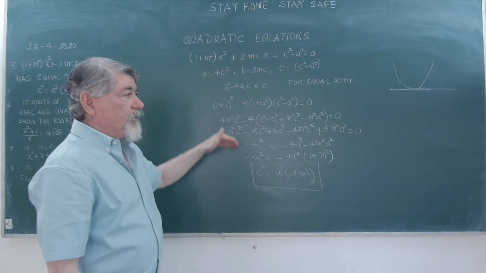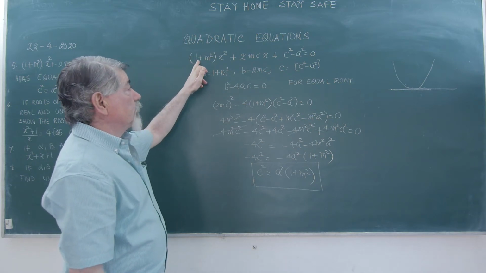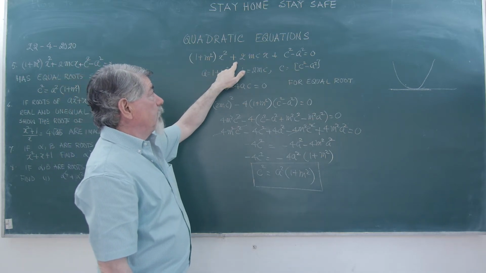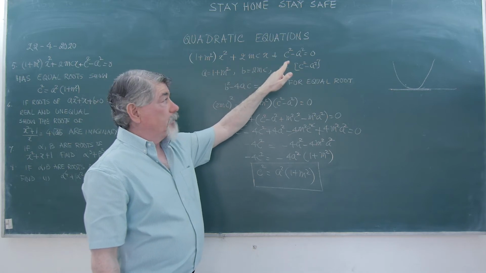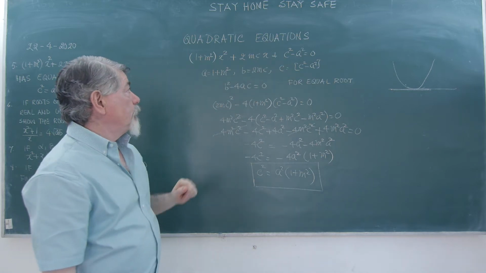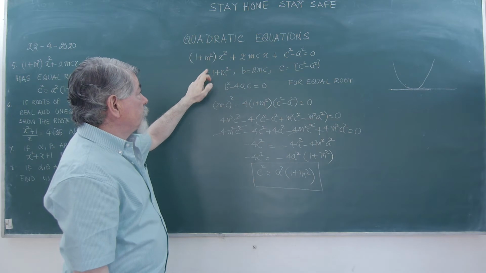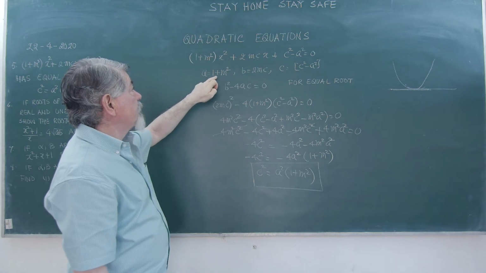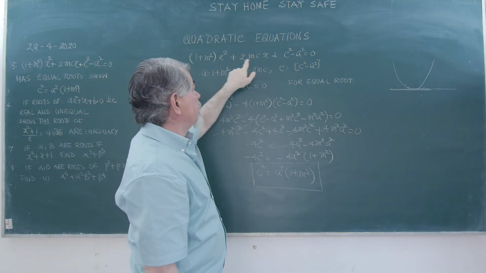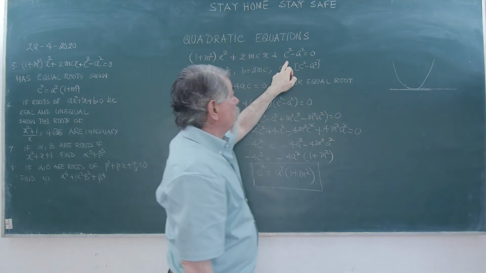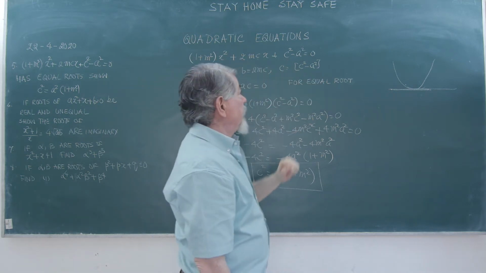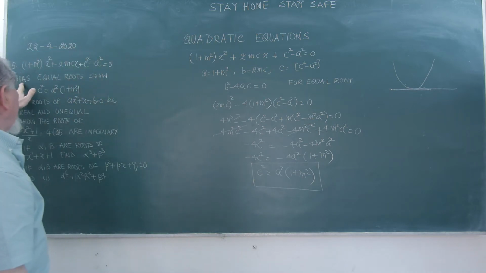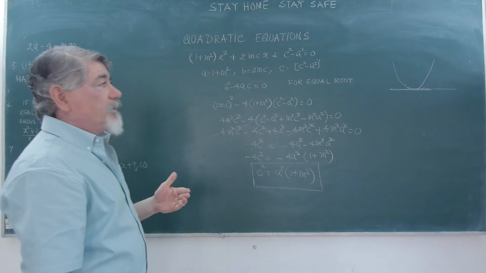Once again, I will quickly go through the question. He has given you a quadratic equation of the form (1 plus m square) x square plus 2mcx plus c square minus a square is equal to 0. So we took out what a is. a is the coefficient of x square, which is 1 plus m square. The coefficient of x is 2mc, and the constant term is c square minus a square. Now he said the equation has equal roots.